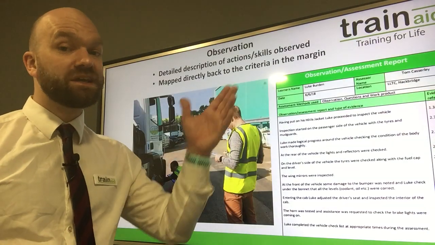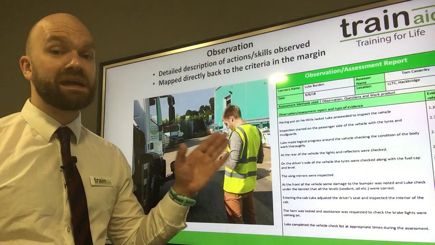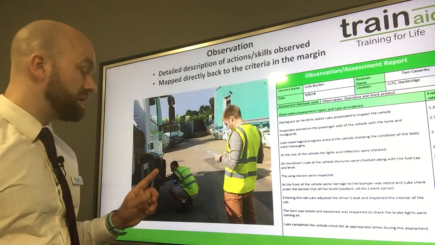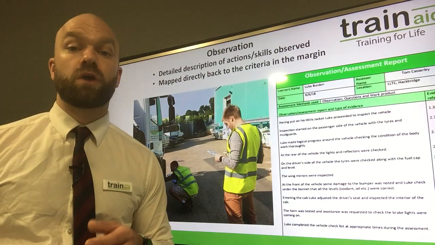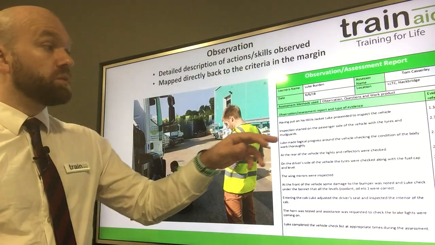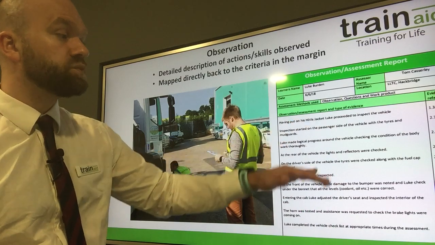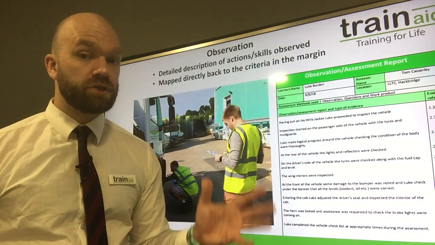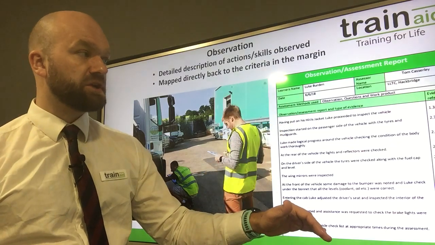Now the next section is the observation. As we can see from our picture here, we have the assessor Tom, who is going to be reviewing Luke, who is doing a risk assessment on a vehicle there. When you're conducting your observation, please write a running commentary of what you are seeing, from the start all the way to the finish.